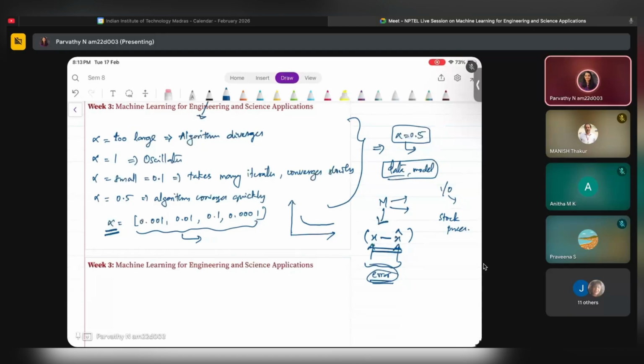So this is something called hyperparameter tuning, where we have certain parameters that we don't know the optimum value for.